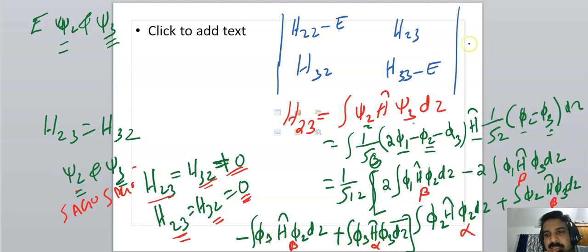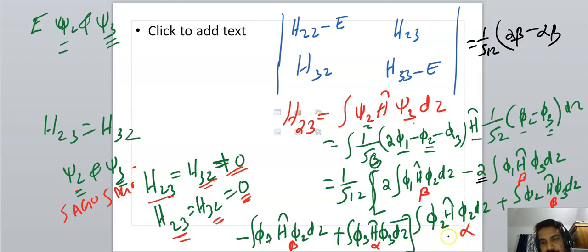This is equal to 1 by root 12 into 2 beta minus 2 beta, minus alpha, plus beta, minus beta, plus alpha. That is our equation.